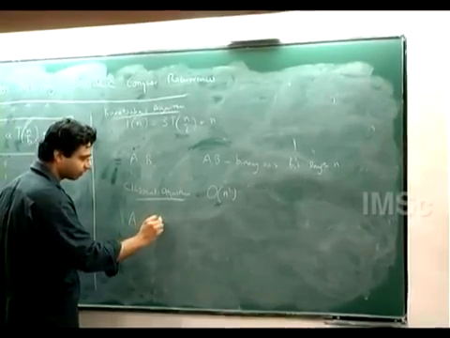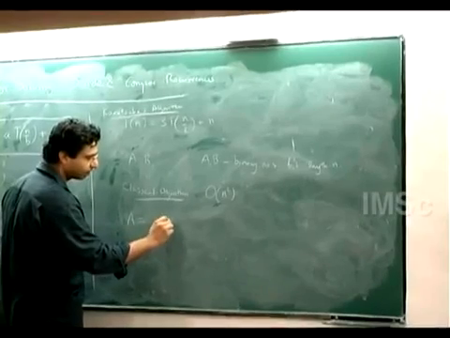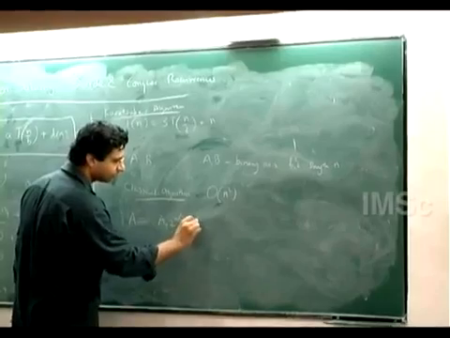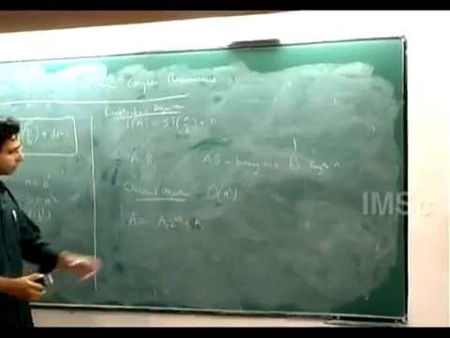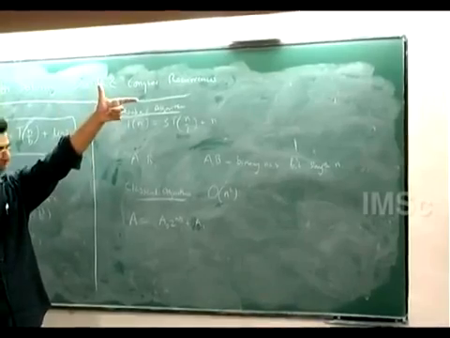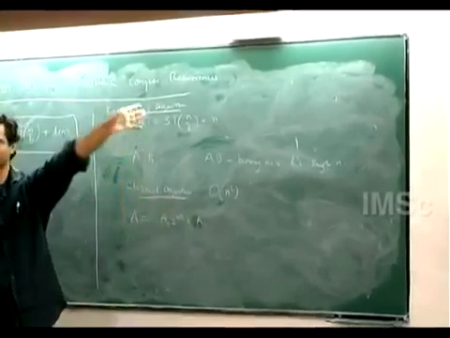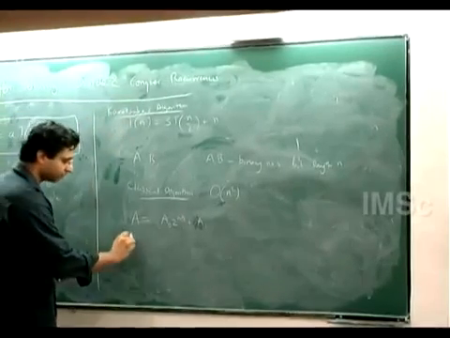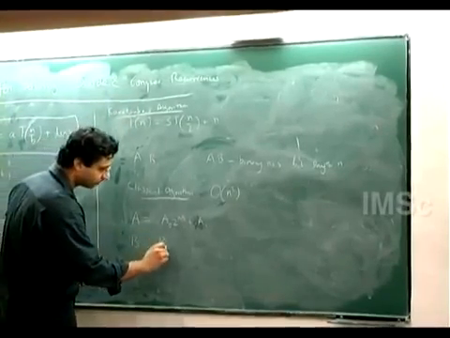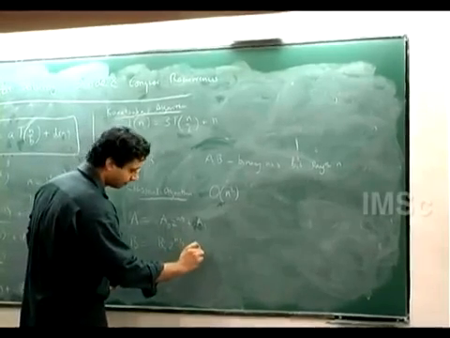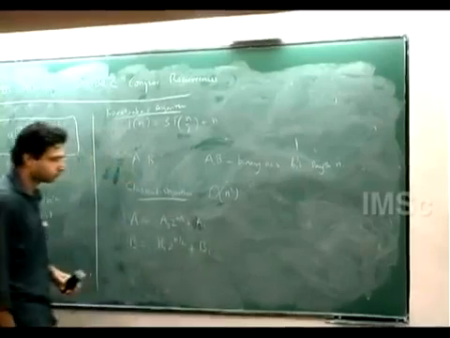The divide and conquer is that I break A into 2 parts, say A0 and A1. A0 is the first, most significant n by 2 bits, and A1 the next n by 2 bits. Similarly, we write B as B0, the first n by 2 bits of B, and B1, the remaining n by 2 bits of B.